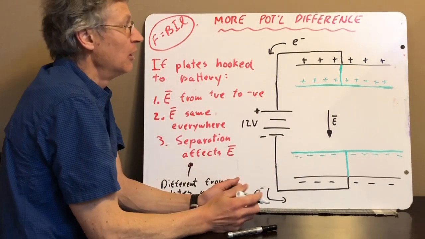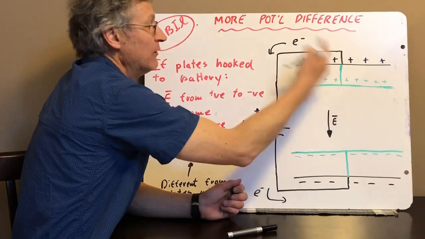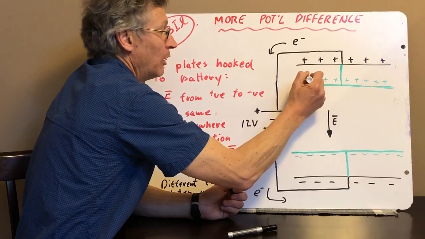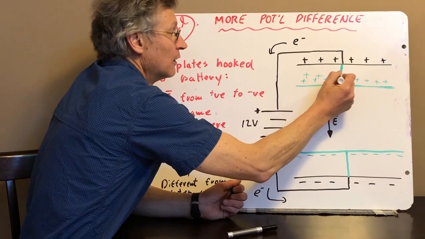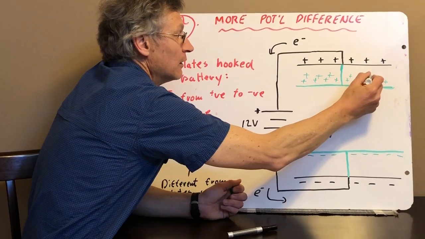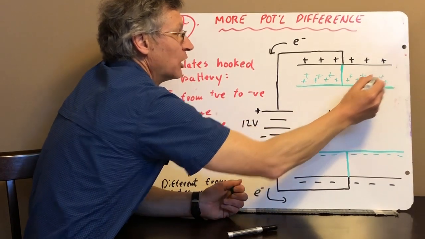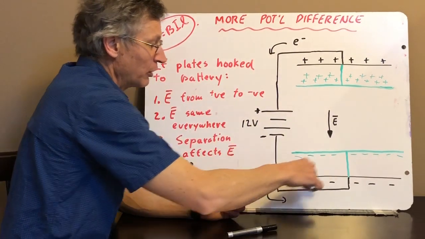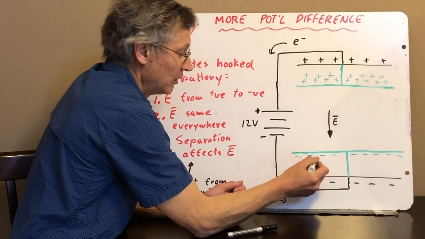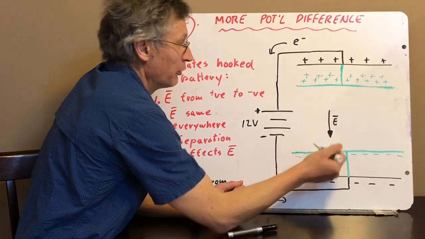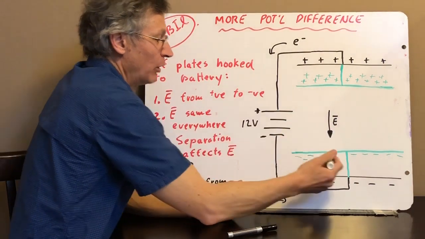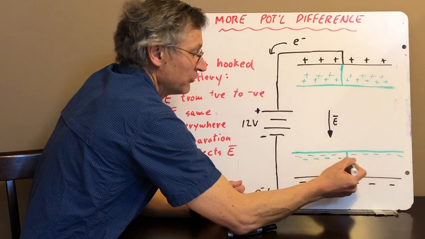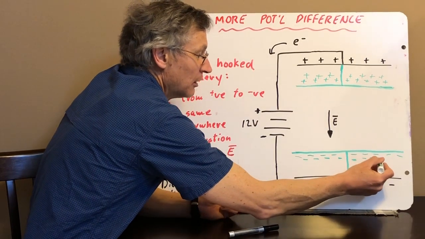As a result, more negatives are going to leave the top plate, and the top plate is going to have a much larger positive charge. And of course, the electrons from the top plate are going to wind up on the bottom plate. So the bottom plate is now going to have a much larger charge.